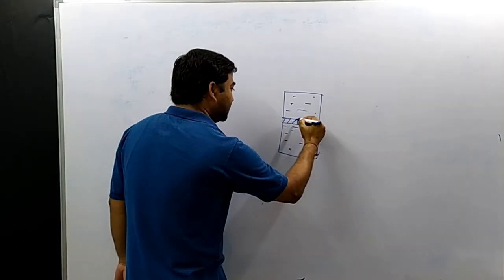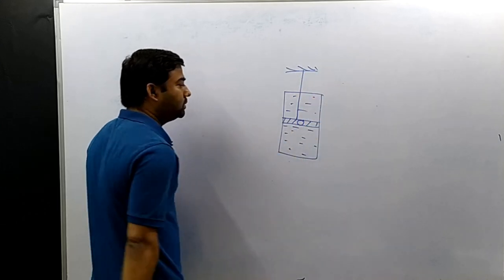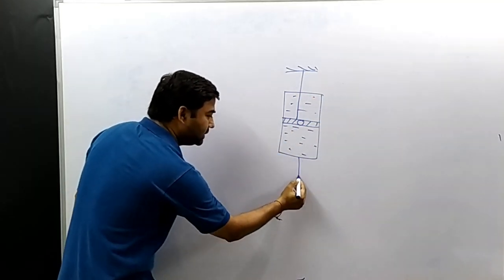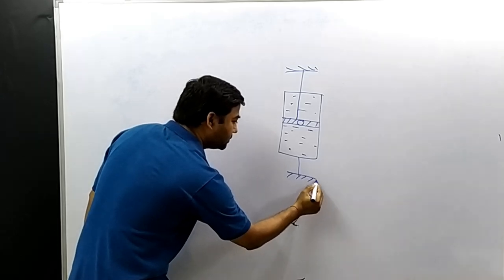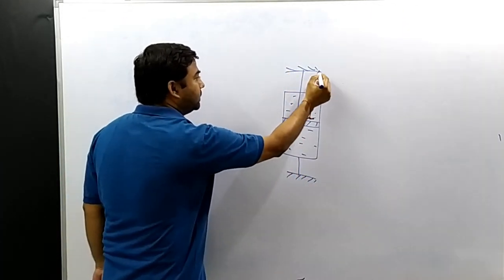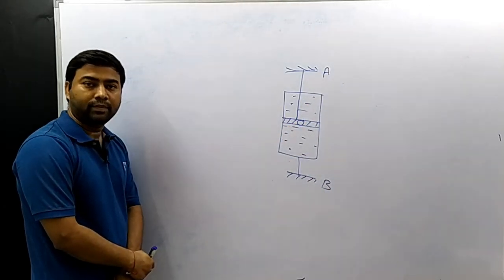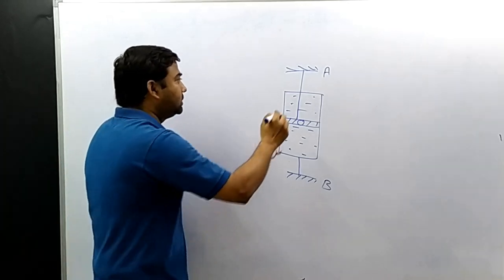So one end of the external link is connected with the disc, the movable disc, and the other end with the cylinder. This end is with the cylinder and this end with the movable disc. Let this end be A and this end be B. So this is the dashpot.